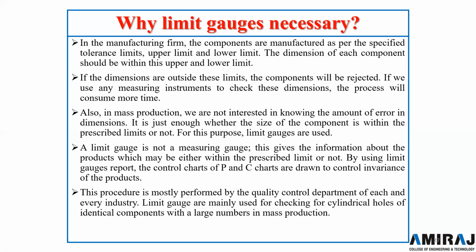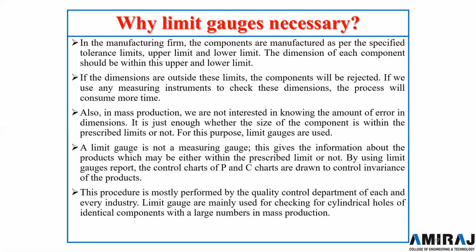It is just enough to know whether the size of the component is within the prescribed limit or not. For this purpose, the limit gauges are used. A limit gauge is not a measuring gauge.